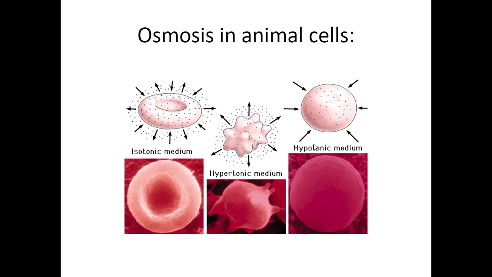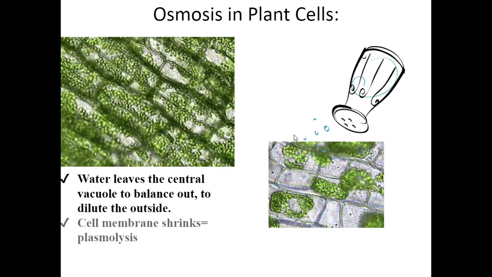Hypotonic sees a lot of stuff inside, so water wants to dilute that. And again, we saw this here. The cell membrane basically shrinks when a plant cell gets plasmolyzed. This plasmolysis, like cell cytoplasm perhaps, and lysis as in the cutting or breaking or destroying.